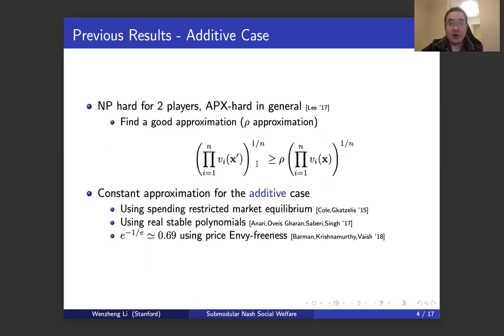Only a few years ago, it was discovered in a breakthrough result by Cole and Gkatzelis using a very interesting method called spending restricted market equilibrium. Later, Anari et al. also achieved constant factor approximation by a totally different approach using the theory of real stable polynomials. The current state-of-the-art approximation ratio is 0.69, using price envy-freeness, due to Barman et al.